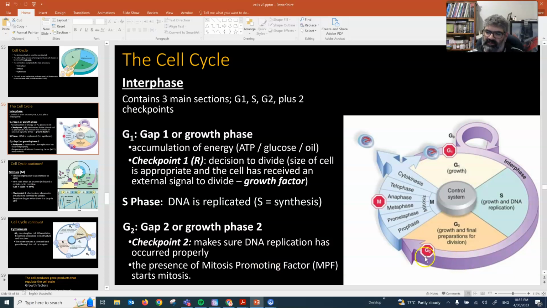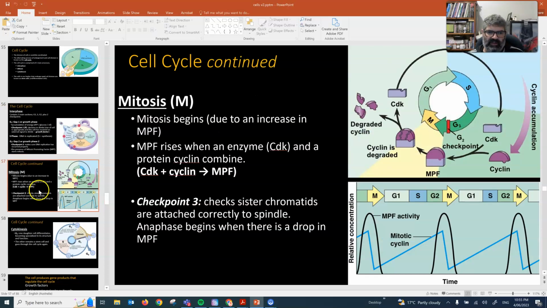Well, what else would kick off mitosis other than a mitosis promoting factor? Then it'll go through prophase, metaphase, and stop again. It's only after the MPF has started to degenerate that it will continue through anaphase, telophase, and cytokinesis. I'll go through that in a lot more detail in the videos, so check those out.